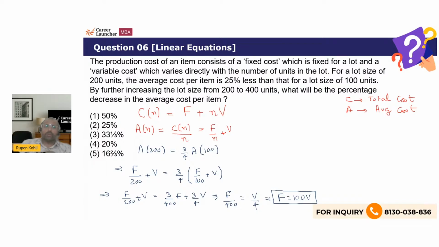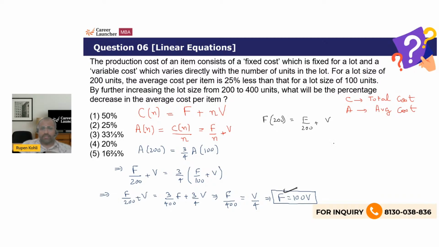Now we can look at what he's asking further. By further increasing the lot size from 200 to 400, what will be the percentage decrease in the average cost per item? So now we have to go from 200 to 400 and let's see what happens. That is what is being finally asked. So given that we have got this, we can say that basically my A of 200 was f by 200 plus v.